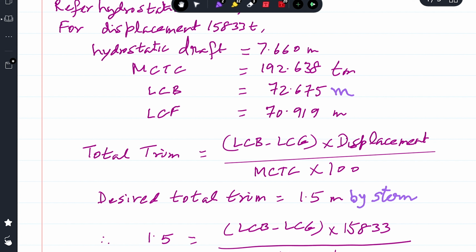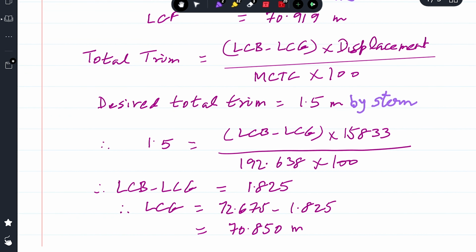LCB I have 72.675. MCTC I have, displacement I have 15833 final displacement. So I can get the final LCG for the final condition from this formula. I put in place of total trim 1.5, LCB minus LCG into this final displacement 15833, final MCTC 192.638 into 100.